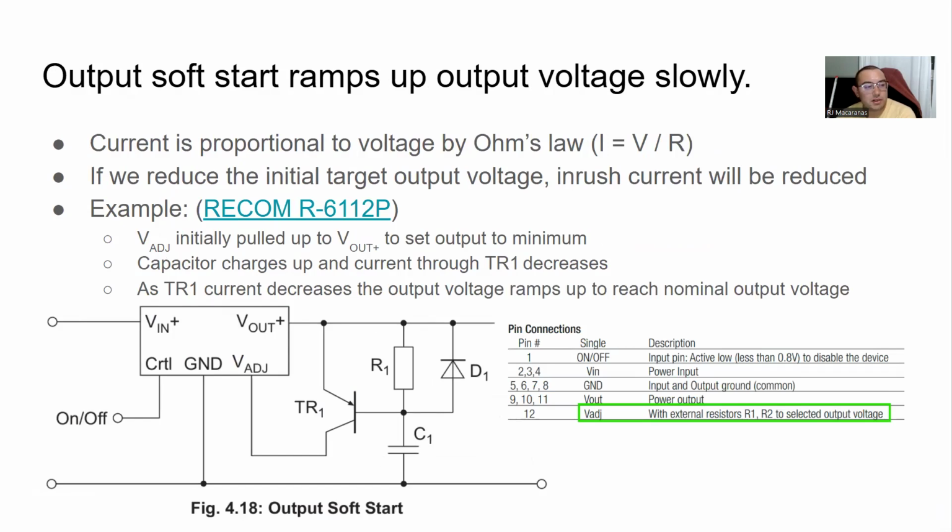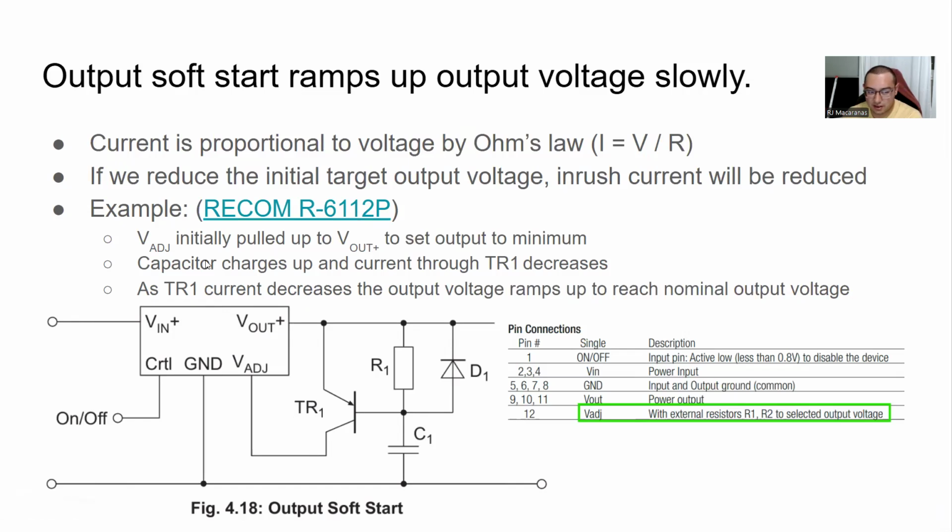On a similar note, on the output side, we have output soft start, which is used to slowly ramp up the output voltage. So this is a little bit more complicated, but this circuit here is very specific to this chip, this RECOM R611 2P.